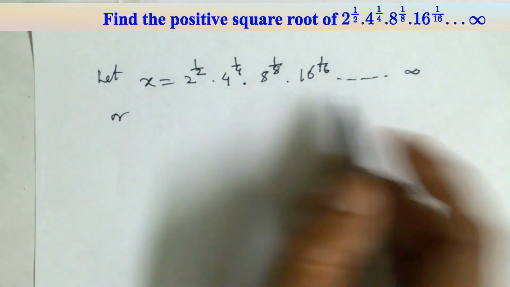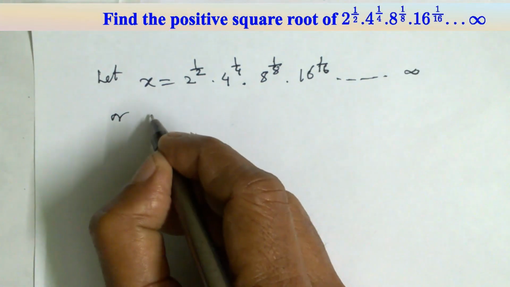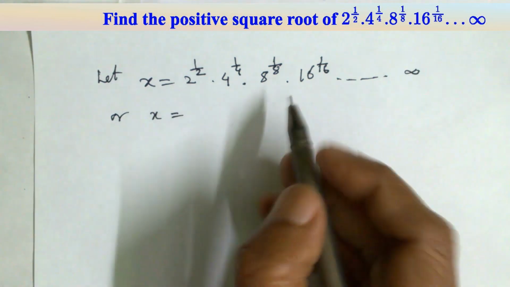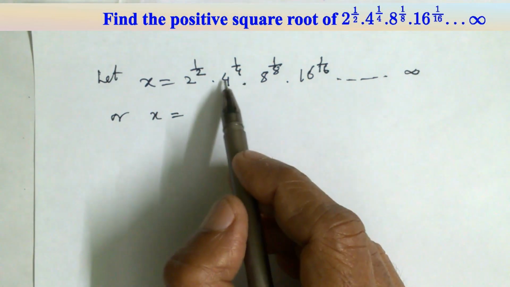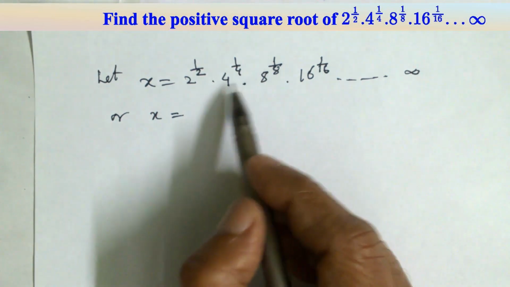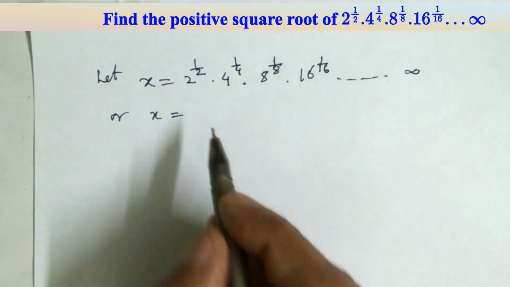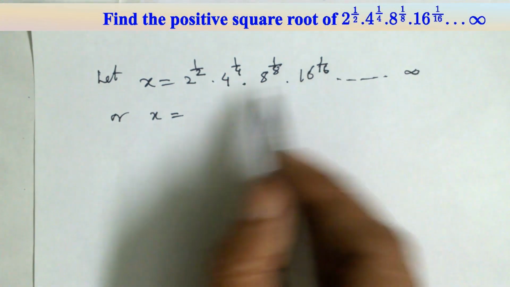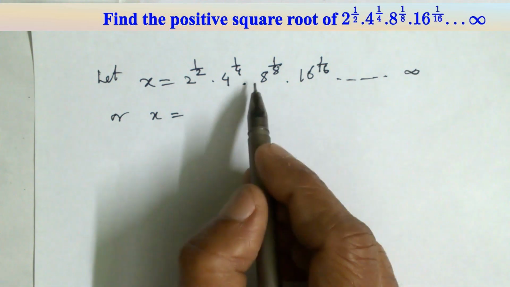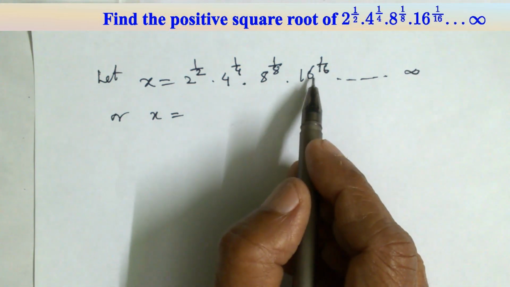Or we can write this another way: every product term can be written as a power of 2, because 4 is 2 to the power square, 8 is 2 to the power cube, 16 is 2 to the power 4.